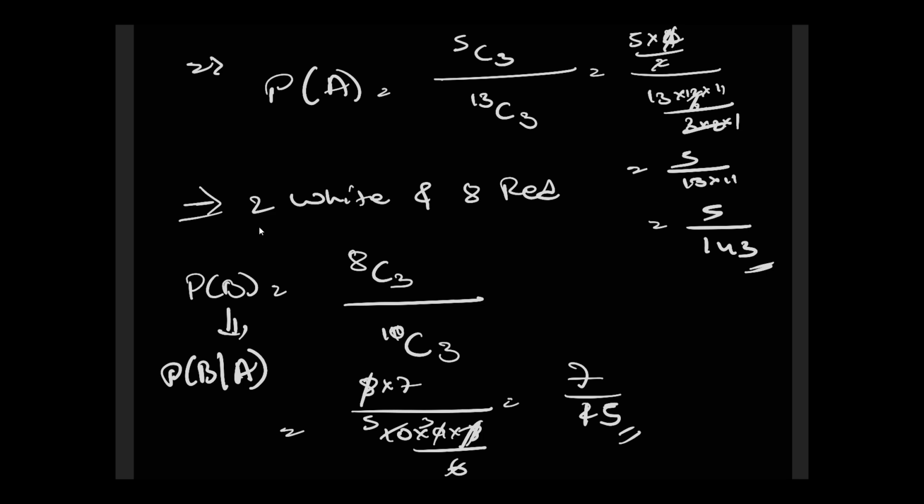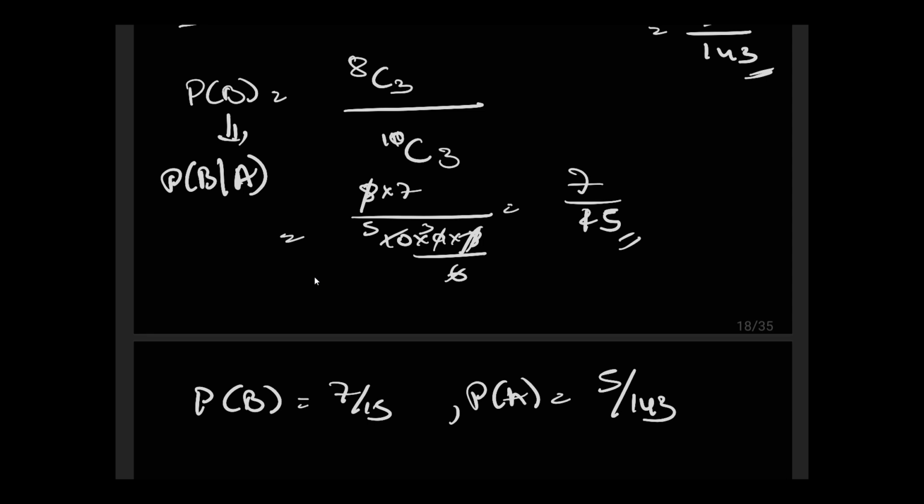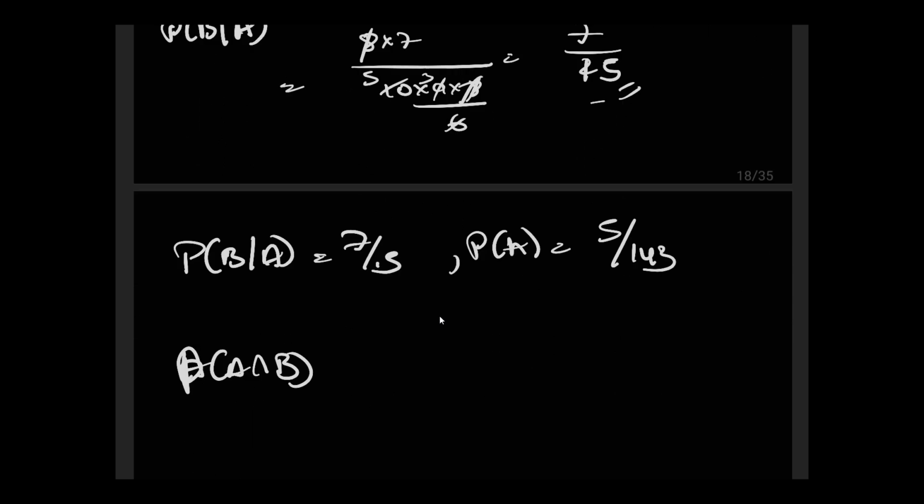So we got 2 white and 8 red. So P of B given A is 7 by 15 and P of A is 5 by 143.